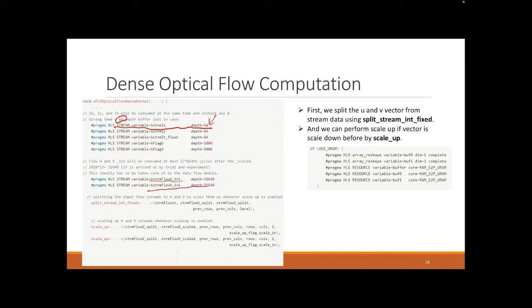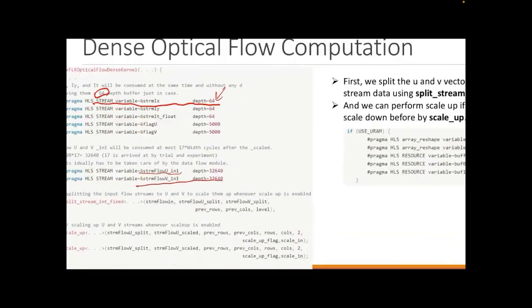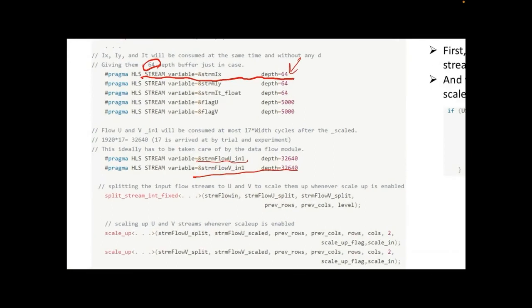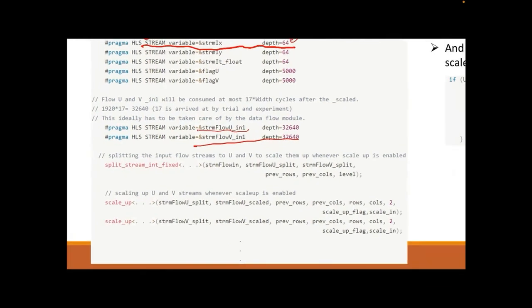And first, we will have two vectors u and v, and it might be downsampled previously. So we might have to perform scale up.